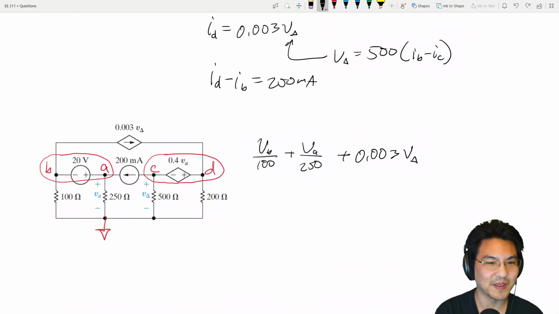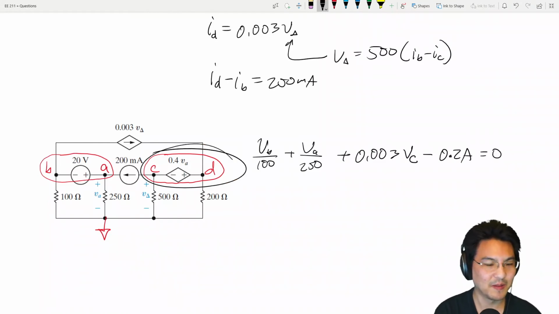V delta is actually the same as node voltage VC. So can I just change that immediately? V delta is the same as node voltage VC. Okay, and then right here, that's going in, so minus 200 milliamps. Can I just write 0.2 amps? Okay, so that's for this supernode.